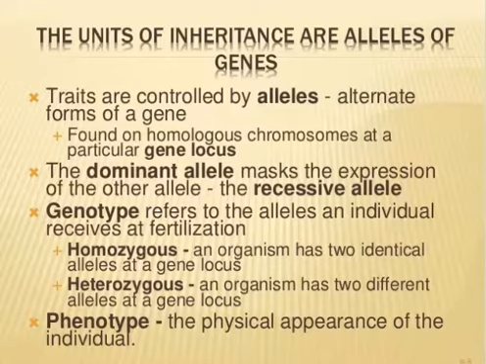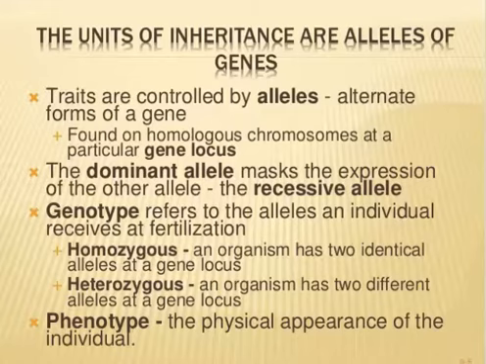Okay, and then we're going to talk about the phenotype. The phenotype is related to the physical appearance. So the phenotype is the physical appearance of the individual. But usually, as we just said, the physical appearance is different from the genetic composition.